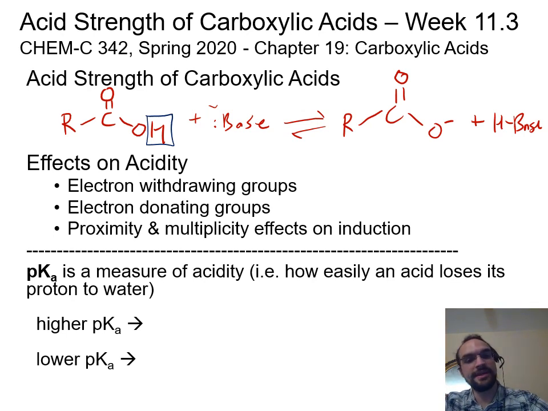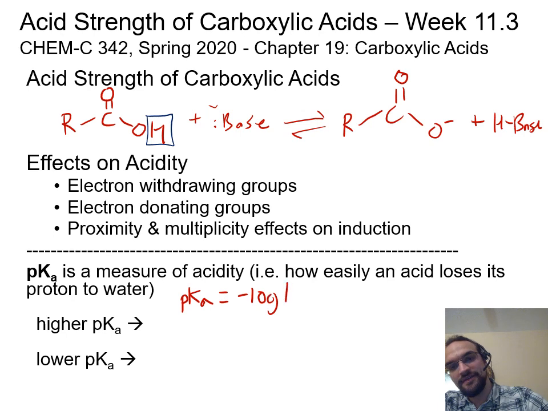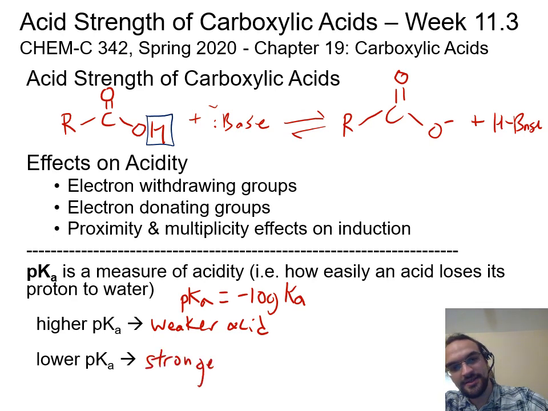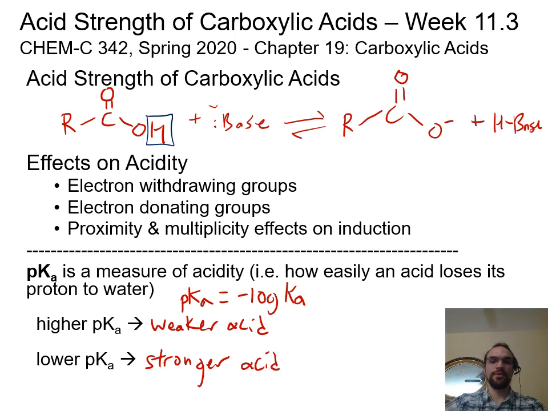And remember, pKa is the negative log of the Ka, and that's the equilibrium constant itself. So because of that negative sign, when something has a higher pKa, it is a weaker acid. And when something has a lower pKa, it is a stronger acid, meaning that the stronger acid is far more okay with giving away its proton, its H+.